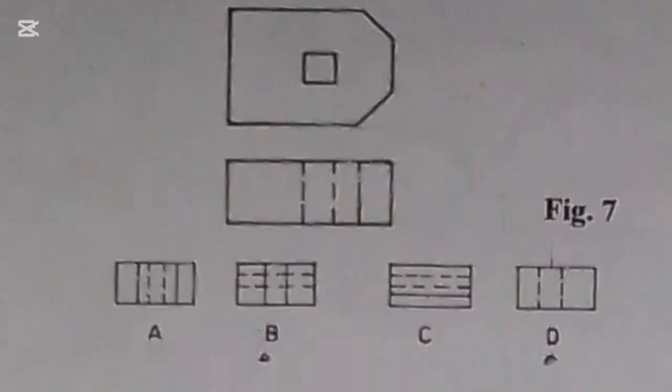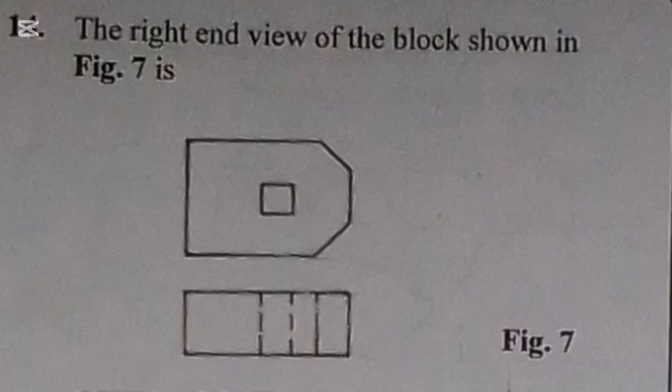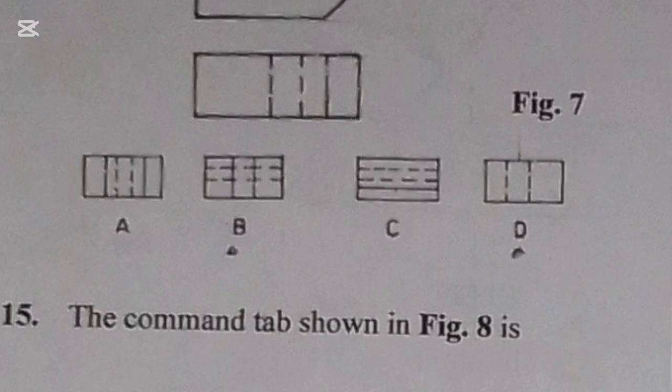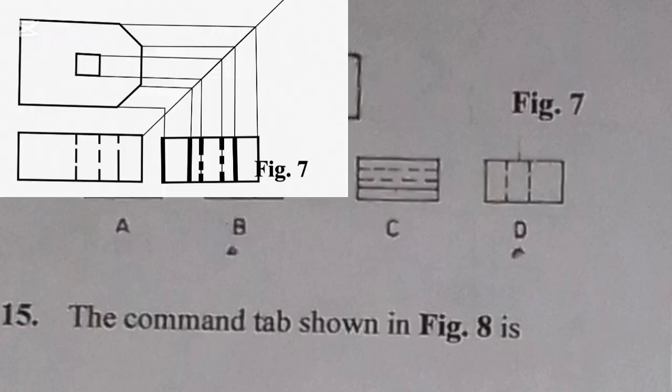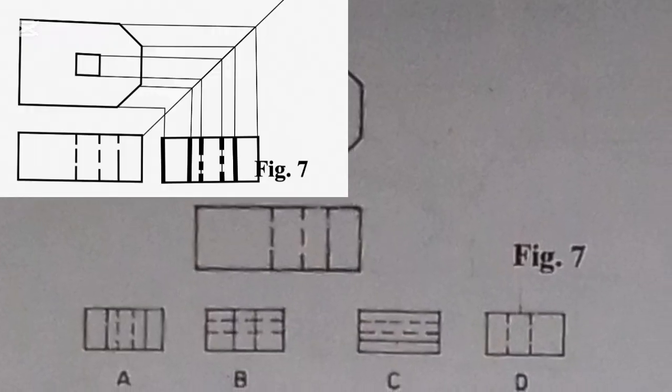Question 14 says the right hand view of the block shown in figure 7 is okay. If we look at this now, let me share a picture. You see this is in third angle orthographic projection. So if we project a line from down now, that means this bottom is the front view, while this top is the plan.